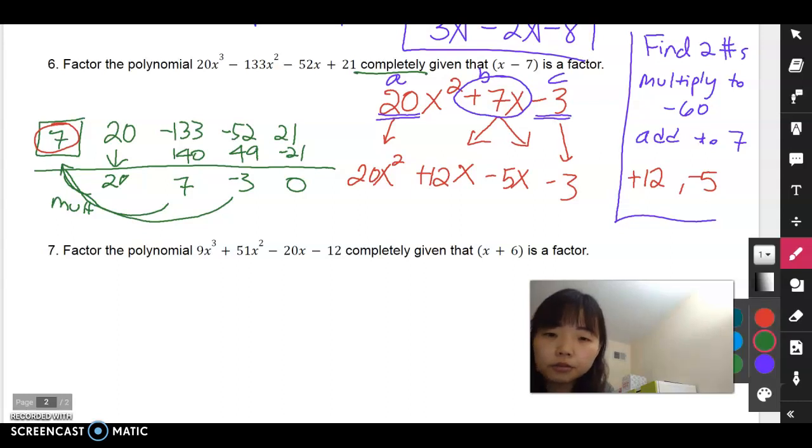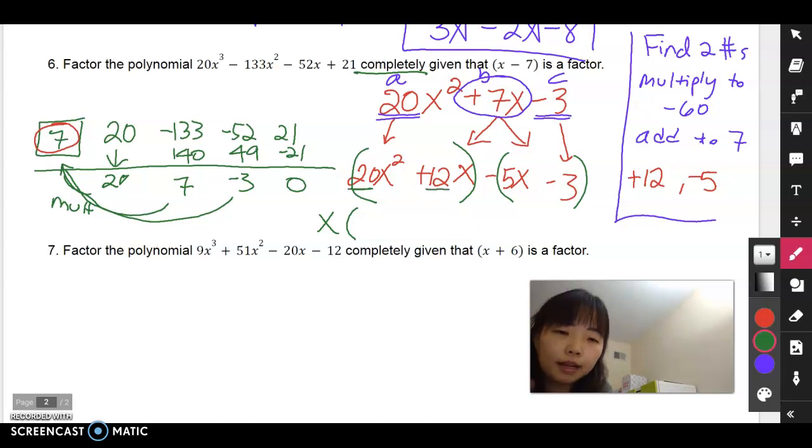Now we gotta do factor by groups. 20 and 12, they both have x's, right? I can divide them by 4. You just have to try 1, try 2, try 3, right? Until the biggest number that we can break both of them.